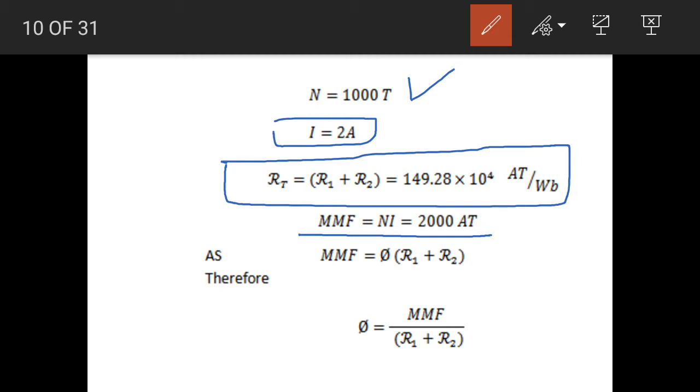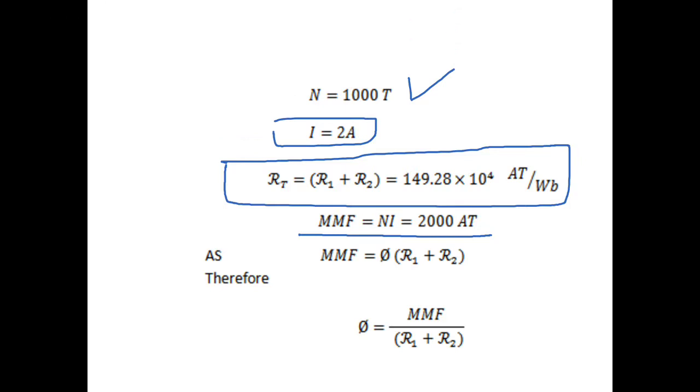So the flux will not flow in the air, because the reluctance of the air will be greater than the total reluctance of the series magnetic circuit. So this series magnetic circuit provides a path of low reluctance to the flow of magnetic flux as compared to air.